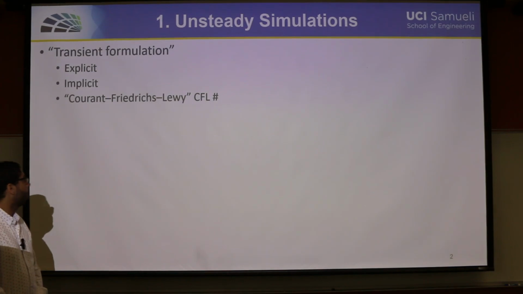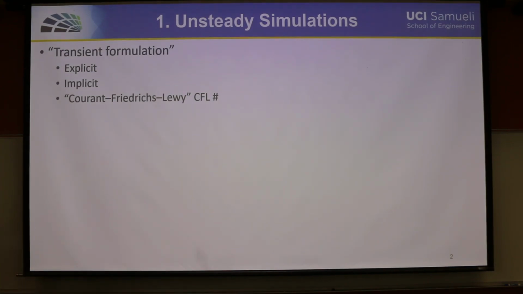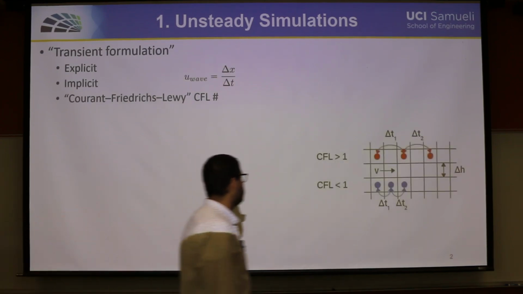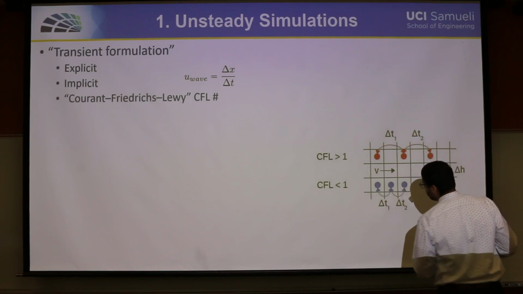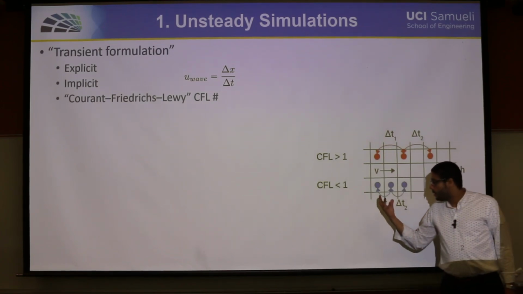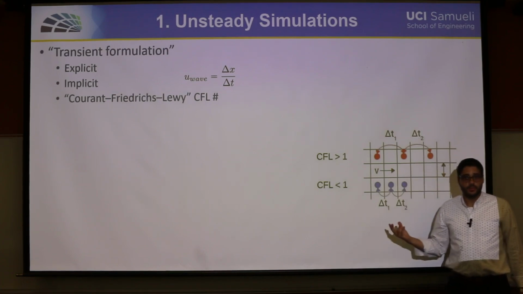And I would like to stress again the importance of the Courant-Friedrichs-Lewy number, the CFL number. Last time we discussed the physics behind it. In our numerical simulation, what we are trying to do is capture what's happening in real life or in physics.